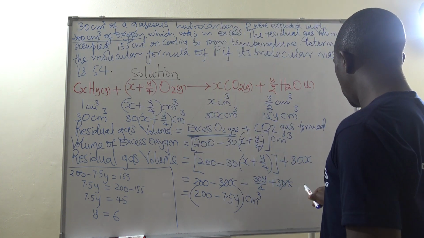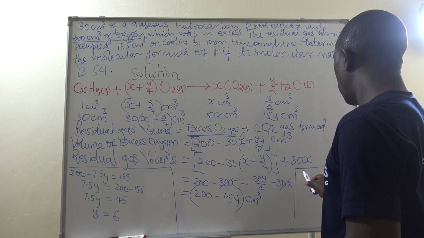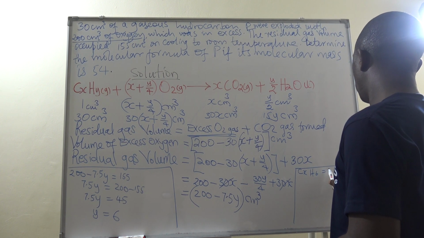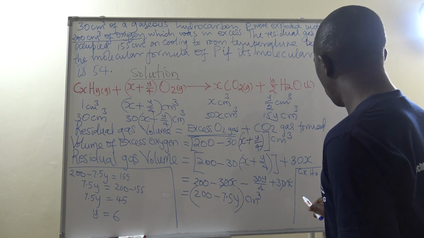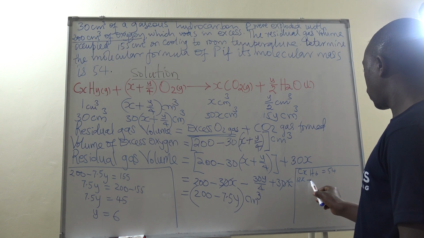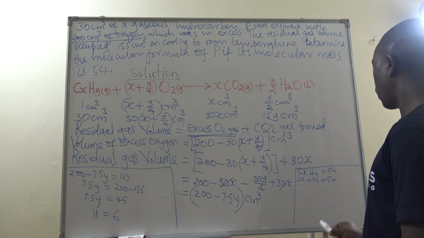So that means we can say CxH6 equals 54. Atomic mass of carbon is 12. So this is 12x plus 1 times 6 equal to 54.